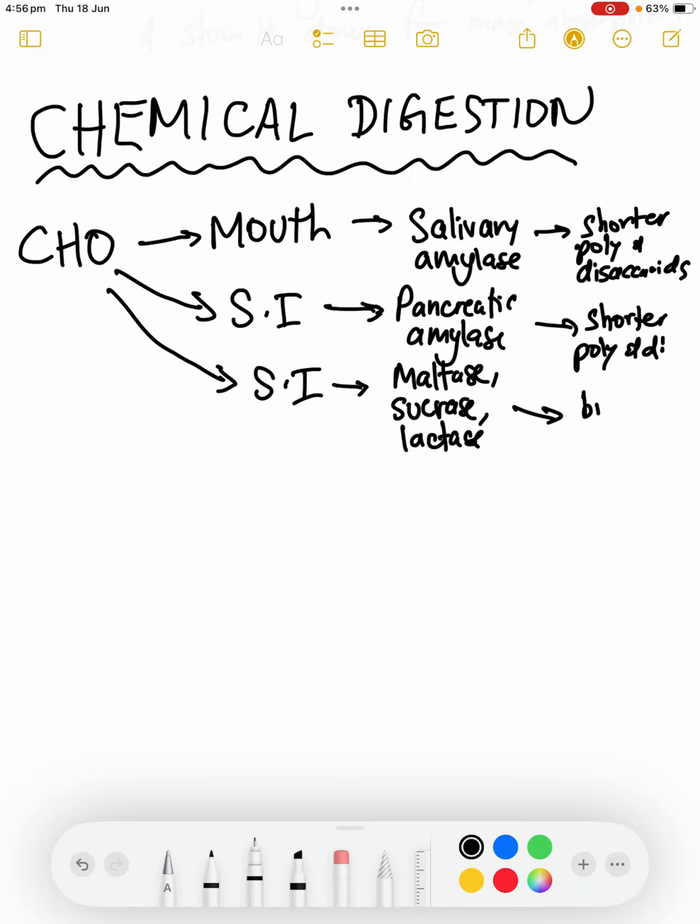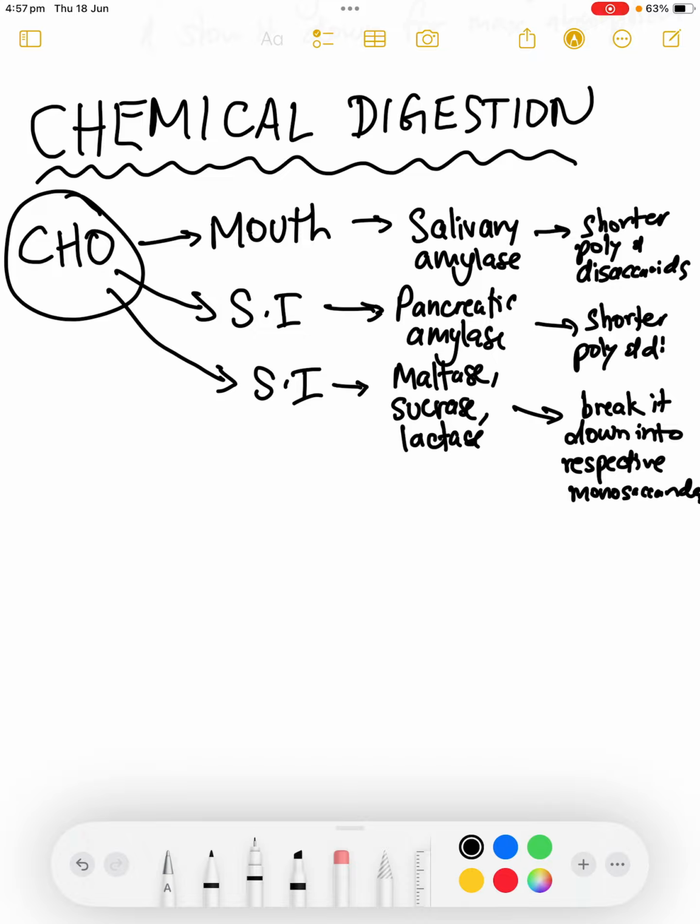So those break it down into respective monosaccharides. Alright, that's what happens there in the chemical digestion of carbohydrates.